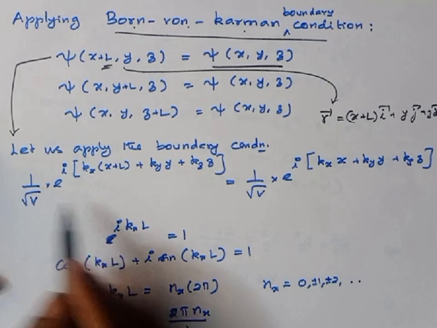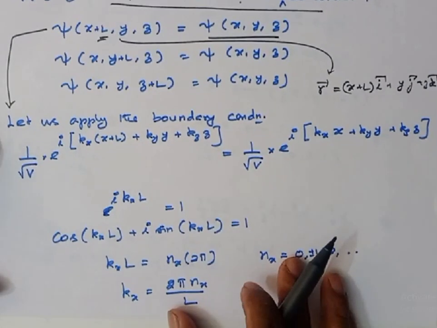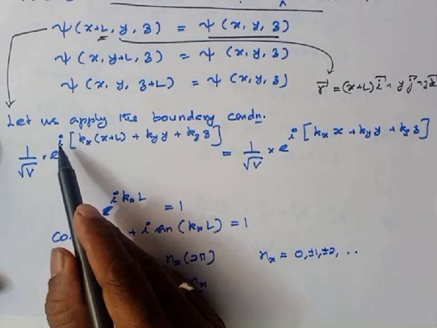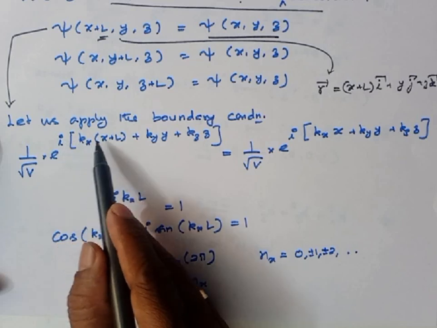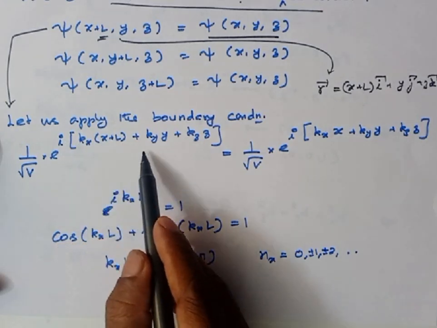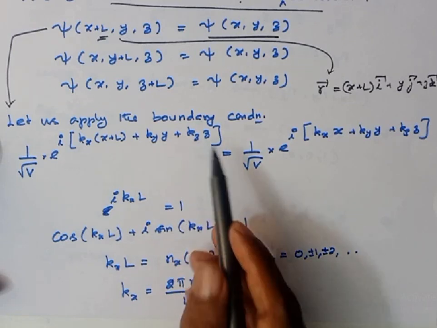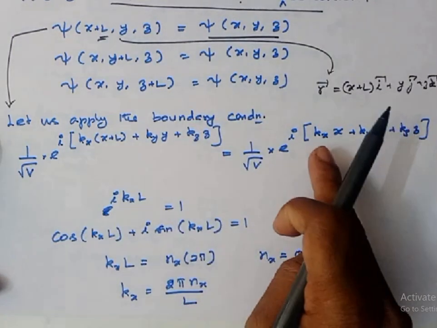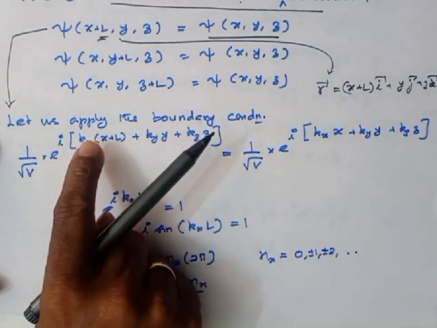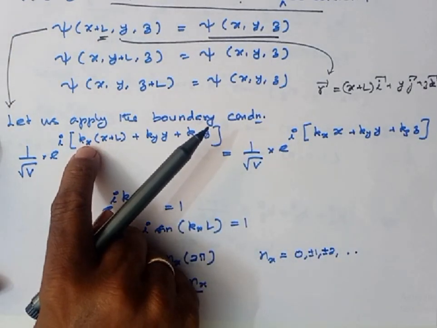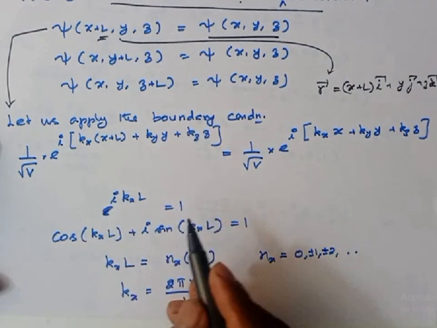Now cancel 1 by square root of V on both sides. You can also separate this as e power i kx into (x plus L) into e power i ky into y into e power i kz into z. Let me write and show you here.